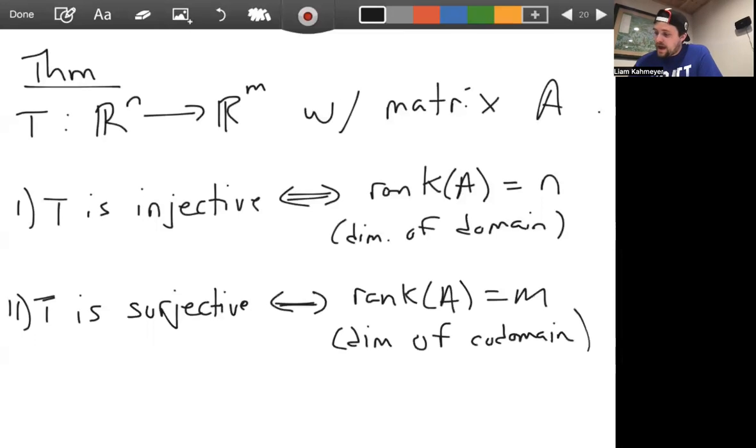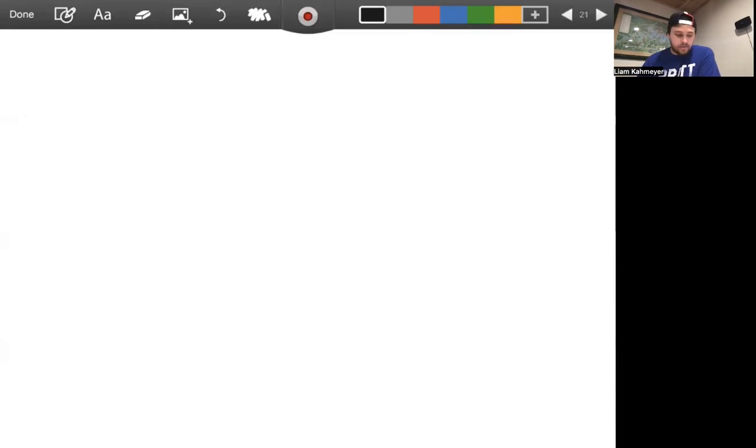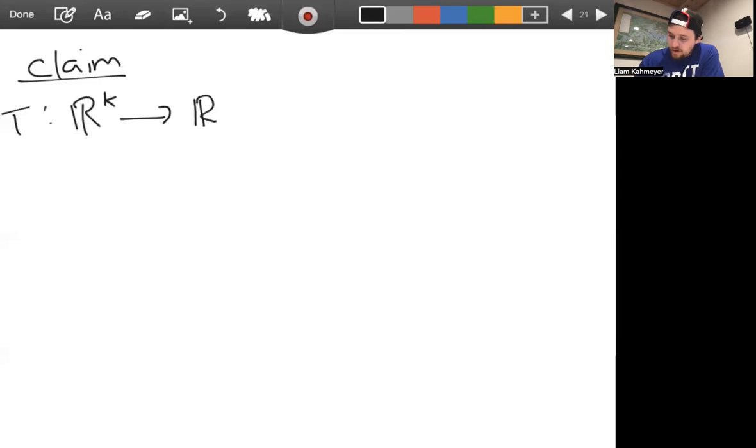Okay, and lastly, I want to make a remark about the composition of injective and surjective functions. Let's say we have two linear transformations. First, we have a linear transformation T from Rk to Rm, and then S from Rm to Rn.